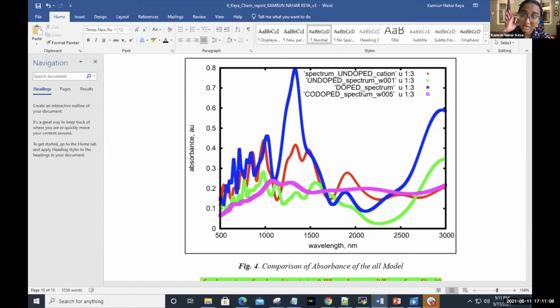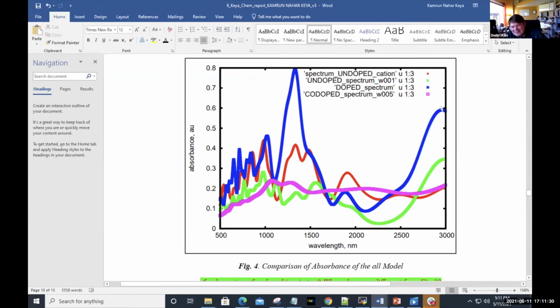So what we are able to see is that the undoped cation... No, your mouse is moving not in the right place. You should move near 3000 nanometers. Yes. Okay. There is a highest peak. That's why I showed here.